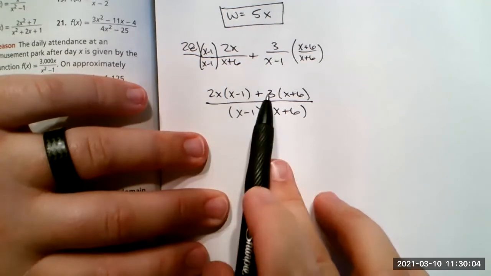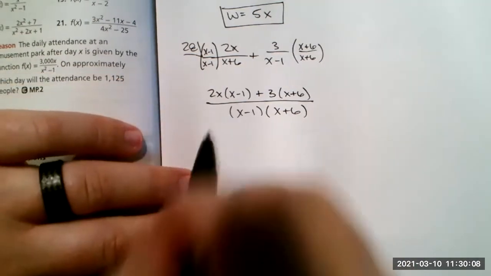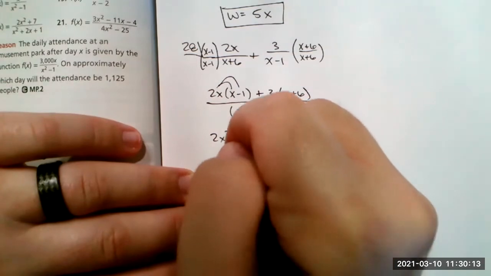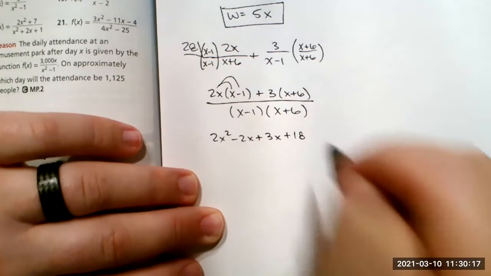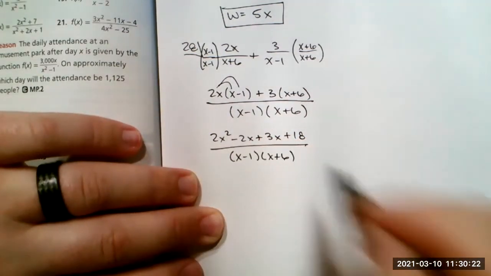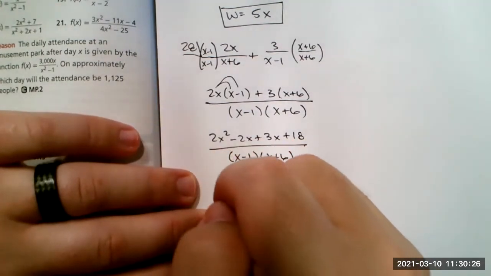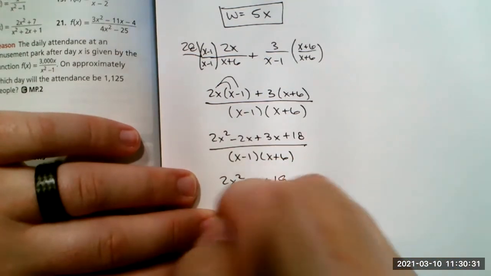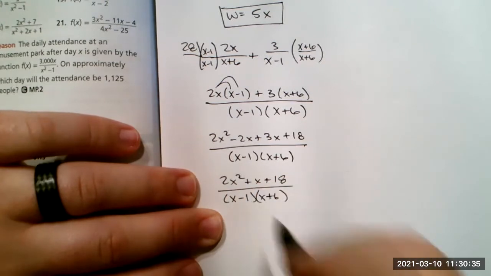I'm going to distribute the 2x, distribute the 3, combine like terms, and simplify if I can. If I distribute my 2x, I'll have 2x squared minus 2x plus 3x plus 18. If I combine like terms, I'll have 2x squared plus x plus 18 over x minus 1 times x plus 6.